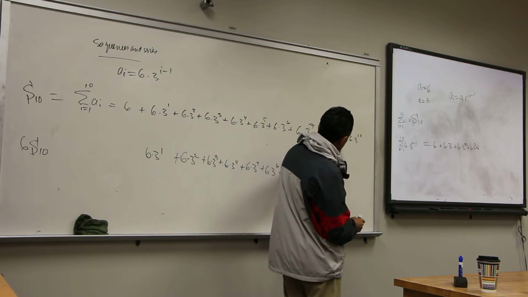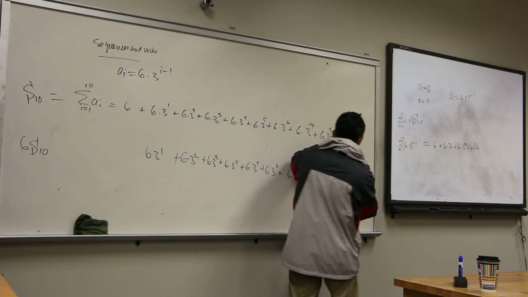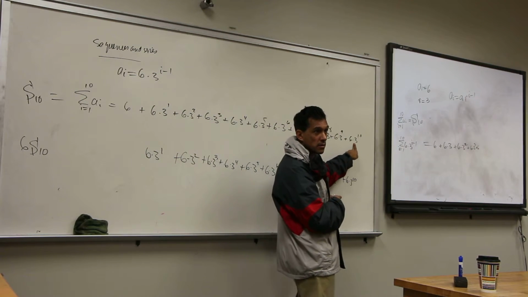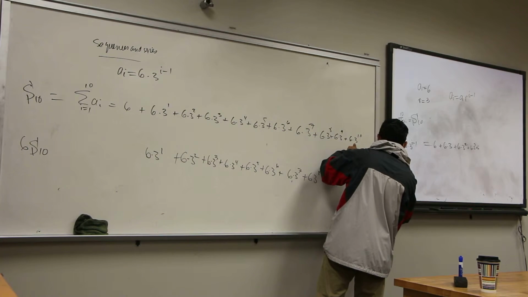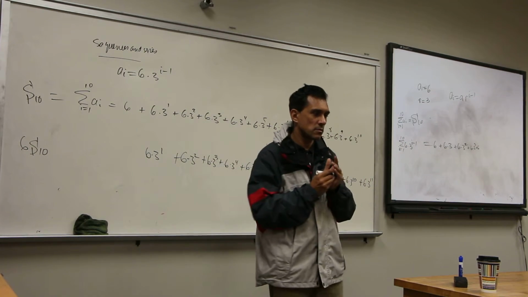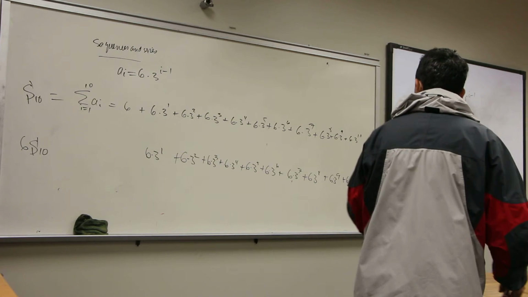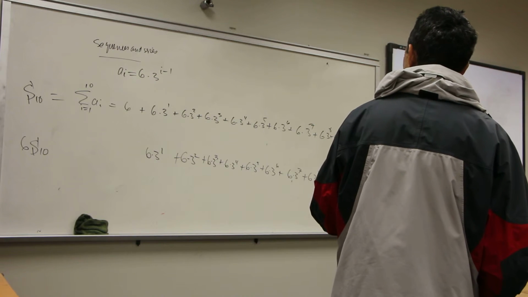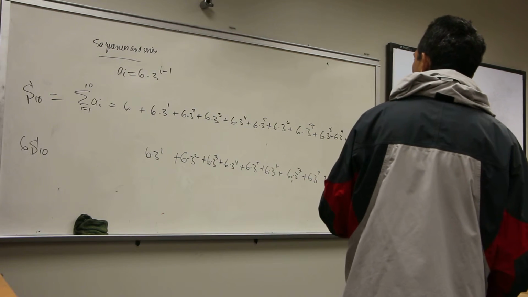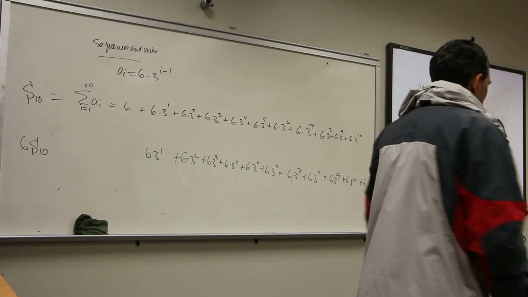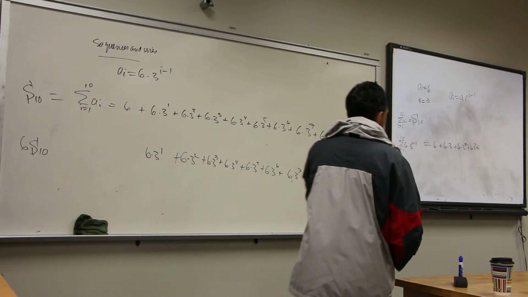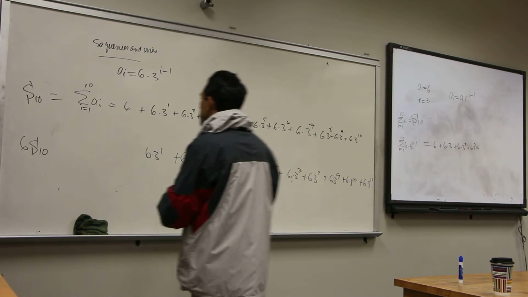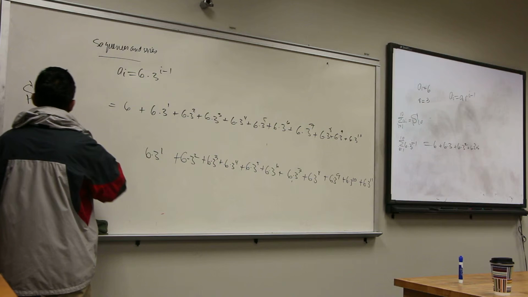Are you supposed to stop at 6 times 3 raised to the 9? Because you have 11 terms now. Oh, of course. That's because I didn't write this down correctly. Thank you. I'm sorry, she's right.